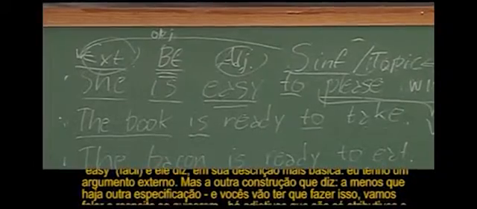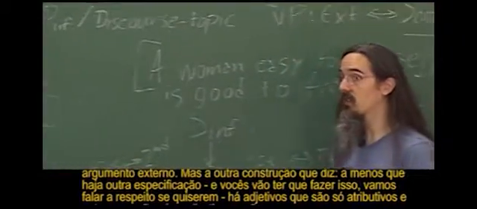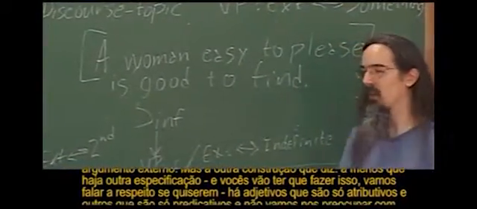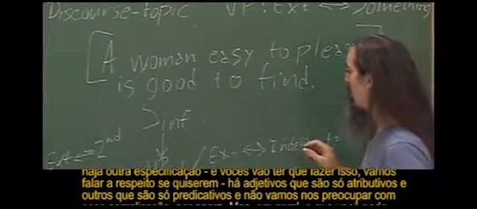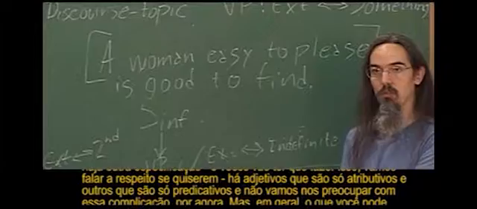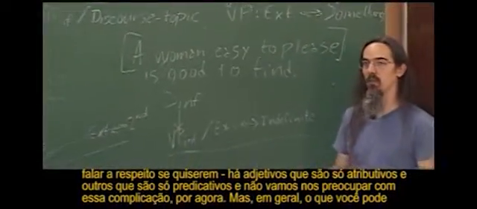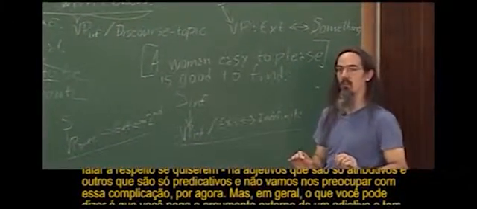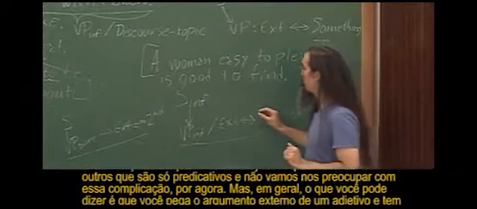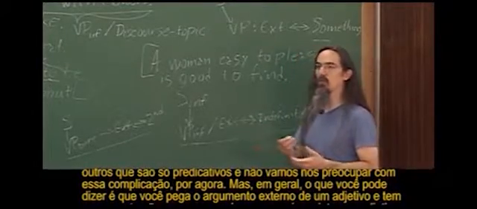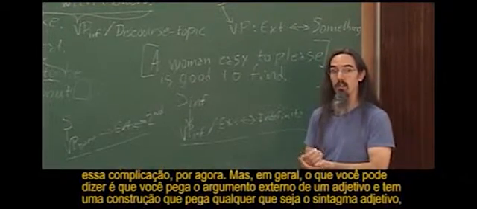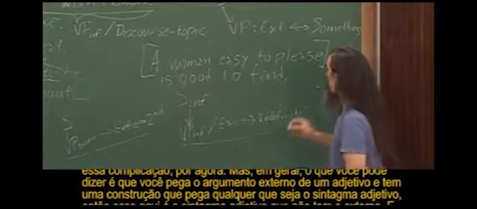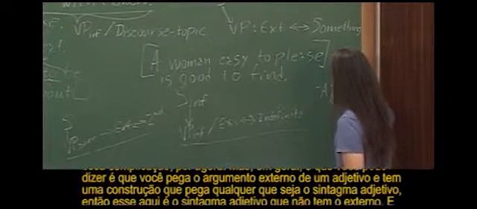But there's another construction that says that unless there is some other specification, and you do have to do that, and we'll talk about that if you want, there are some adjectives which are only attributive, some which are only predicative, and we're not going to worry about that complication for the moment. But in general, what you can say is that you take the external argument of an adjective, and you have a construction that takes whatever the adjective phrase is.